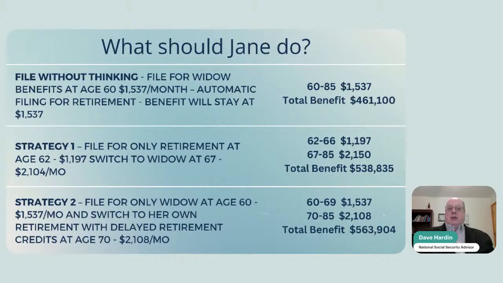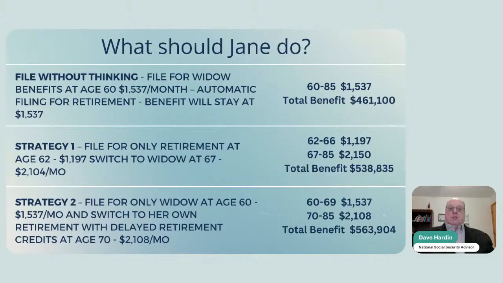But you take that, and then at age 67, when your survivor benefit has completely matured, switch. Take that, it's now $2,104. Or I'm sorry, $2,150.